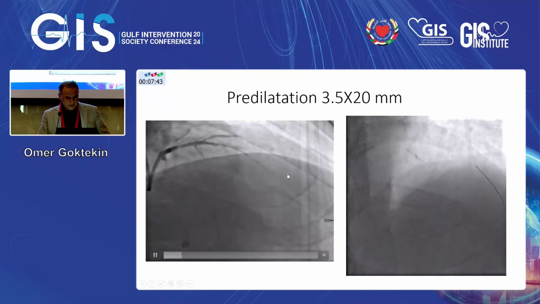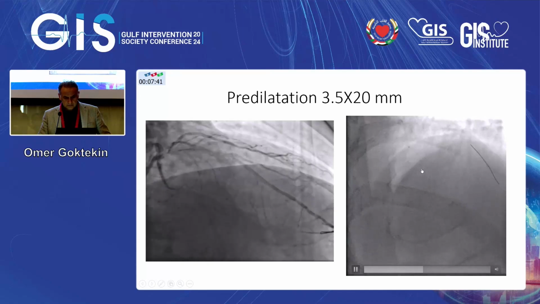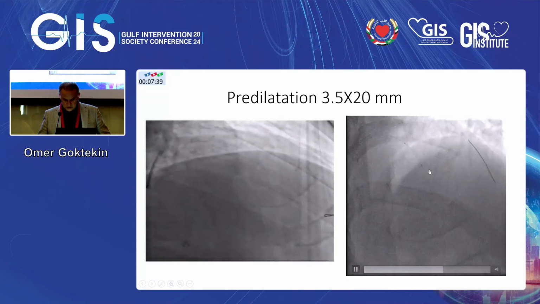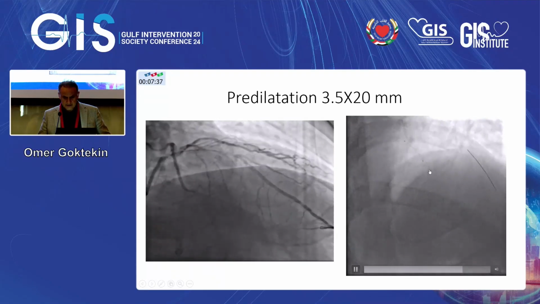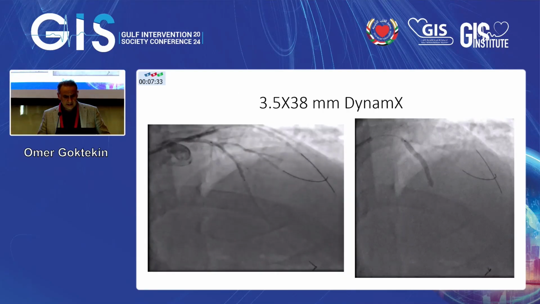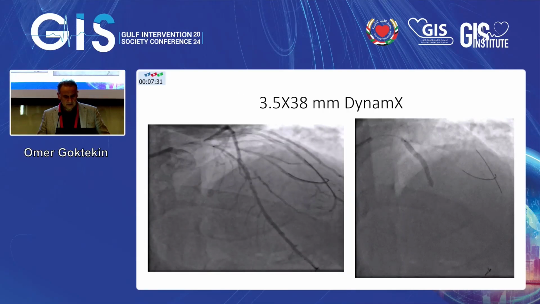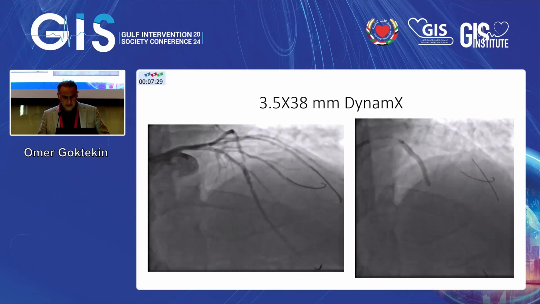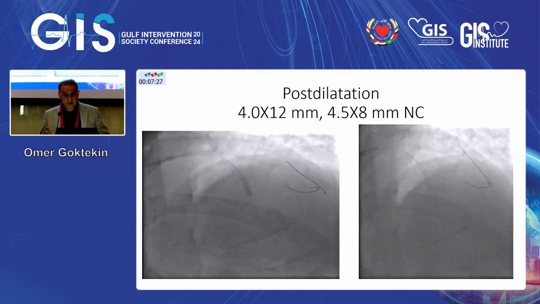This is a proximal RCA lesion. Again, we did a 3.5 by 20 dilatation, and then we put again a long single Dynamics, which is 3.5 by 38, and then we did post dilatation here with 4.0 and 4.5.